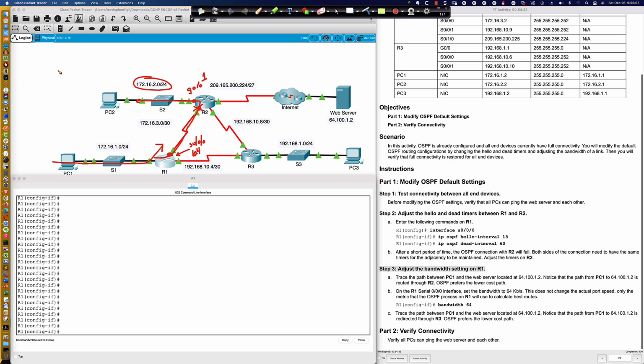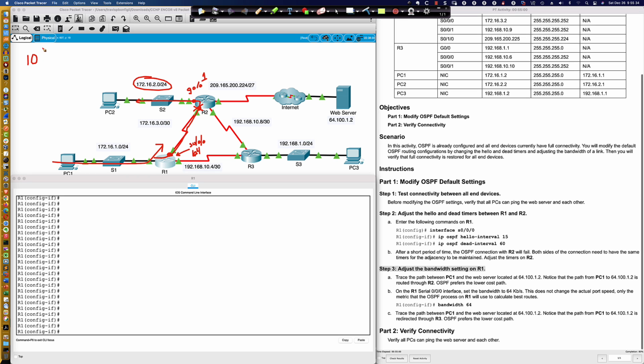There's a reference bandwidth setting. Again, think of it as a starting point or a benchmark setting that all Cisco routers running OSPF start out with, and they say, I'm going to be calculating the cost for all of the interfaces that are running OSPF based on the following equation.